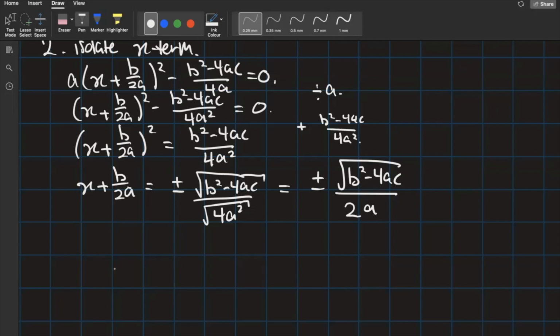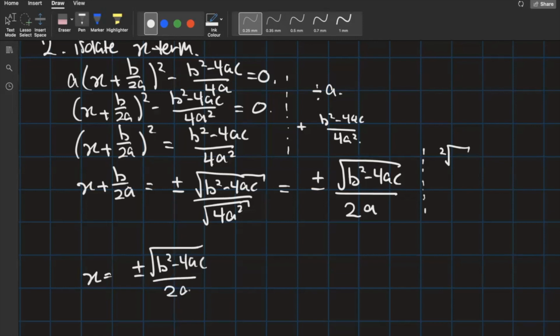And the last step is trivial, right? But let me just write this out. We take the square root of both sides. The next step is just to subtract b on 2a from both sides. So x is equal to plus minus the square root of b squared minus 4ac divided by 2a, subtract b on 2a, right?